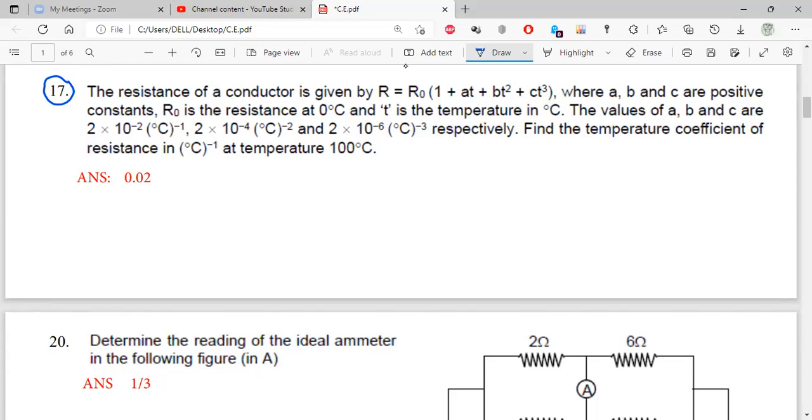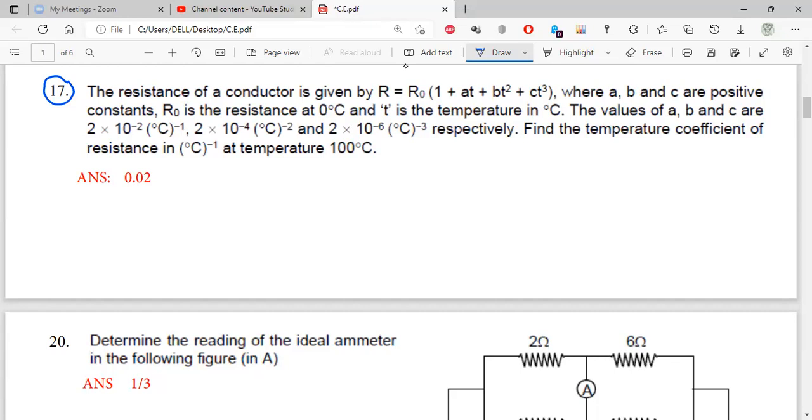This gives how the resistance changes with temperature. A, B, C are positive constants. R naught is the resistance at 0 degrees, and T is the temperature in degrees Celsius. The values of A, B, C are given.